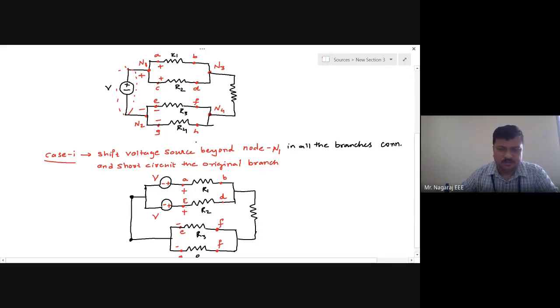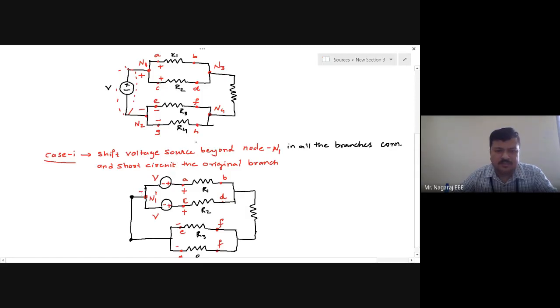Okay. So now this new node, I can call this N1 dash. This new node is at negative potential. Is it? Because it is the negative terminal of the voltage source, and both voltage sources are of equal value, because this is the same source I am shifting in both the branches.